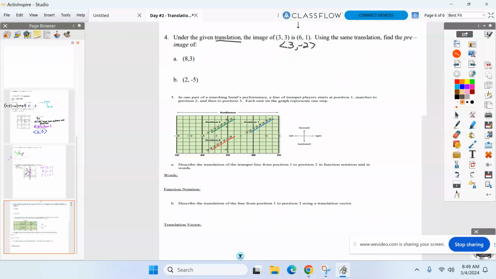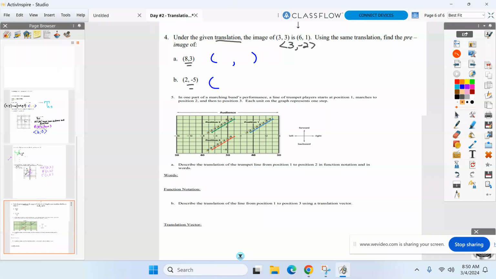I'm going to let you go on your own here to solve these next two. Everyone understand the directions? What point did I start at and go right 3, down 2, and I ended up at 8, 3? Remember, these are the coordinates you finish at. I want to know where you started, the pre-image. So go ahead, try to find your pre-image now.